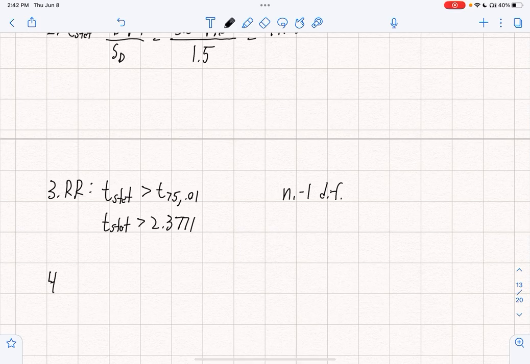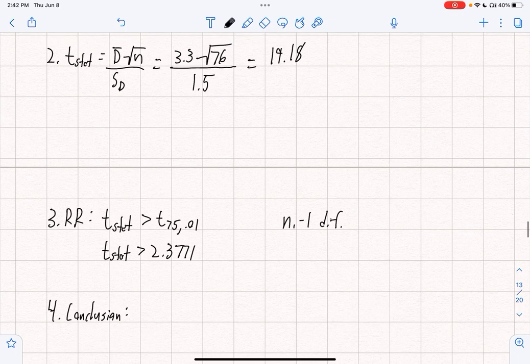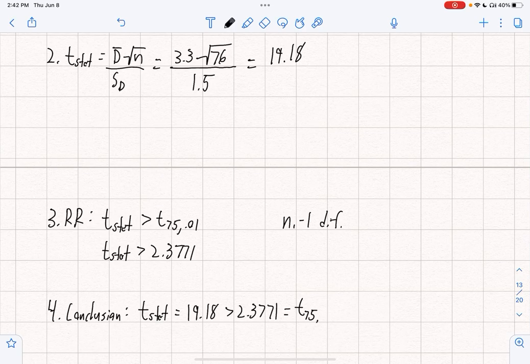So now our conclusion, we just plug t-stat into the rejection region. So we have t-stat equal to 19.18, which is bigger than 2.3771, and this is t with 75, 0.01.